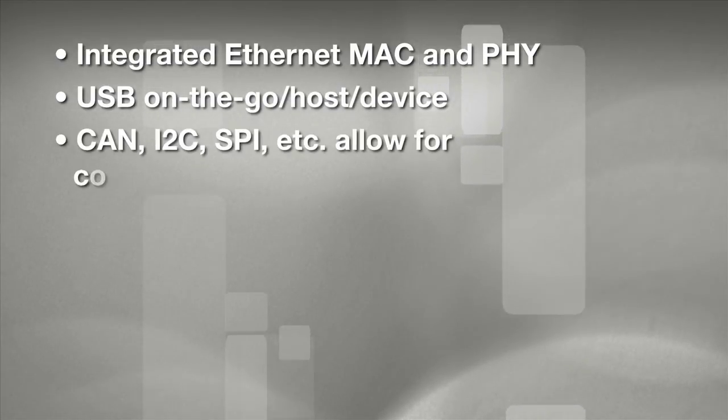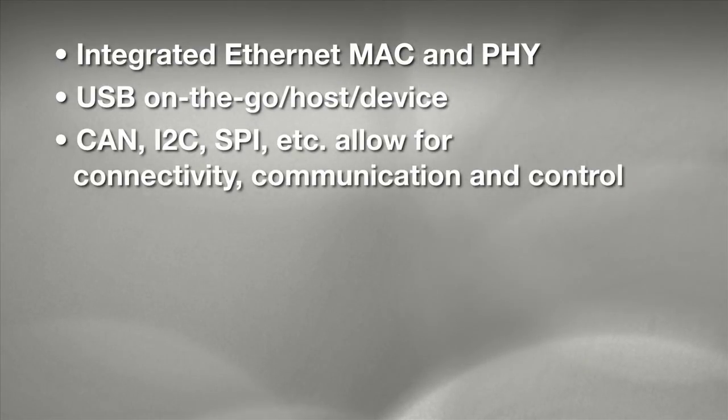They feature prolific connectivity peripherals such as integrated Ethernet MAC and PHY, USB on-the-go host device, CAN, I2C, SPI, etc. that allow for connectivity, communication, and control over a variety of interfaces. The seamless integration of these features along with sophisticated analog peripherals and a floating point ARM Cortex M4 core provides a scalable and cost-effective solution to a large number of home, building, industrial, automation and control applications.